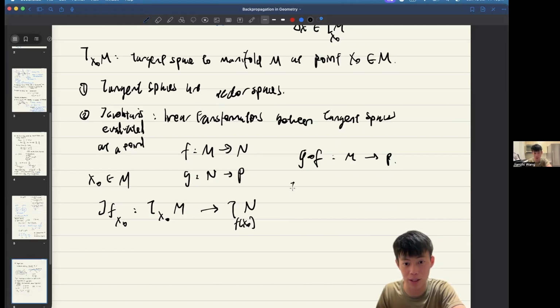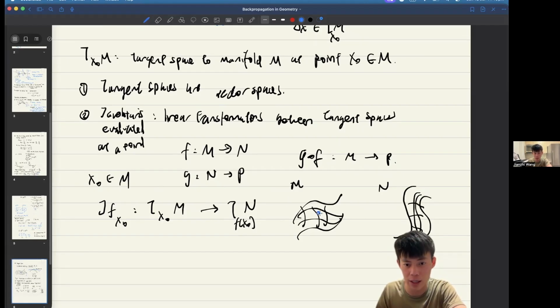Let's suppose our input manifold is this curved surface and our output manifold is this curved surface. x0 is here, it gets mapped to a point, let's say f(x0) here. A tangent vector here is mapped to a tangent vector in the output space.